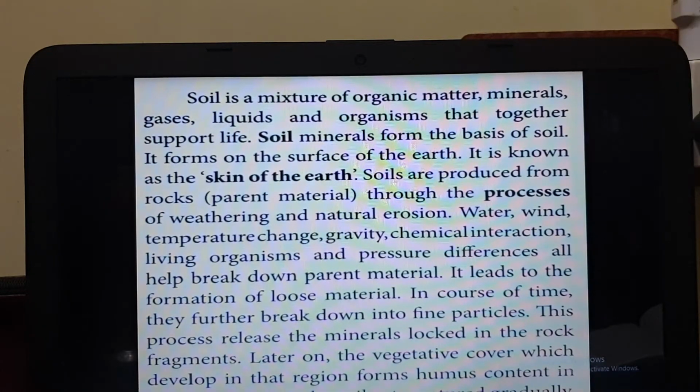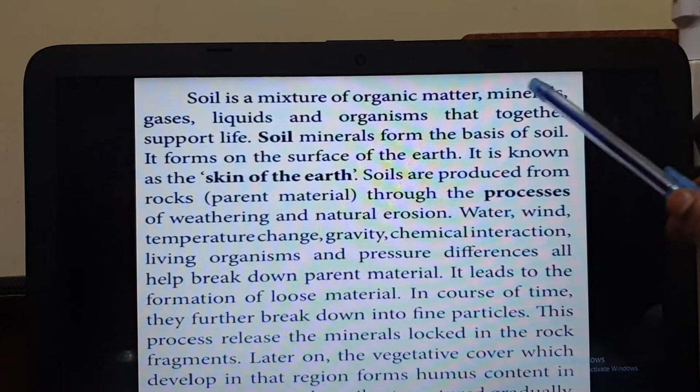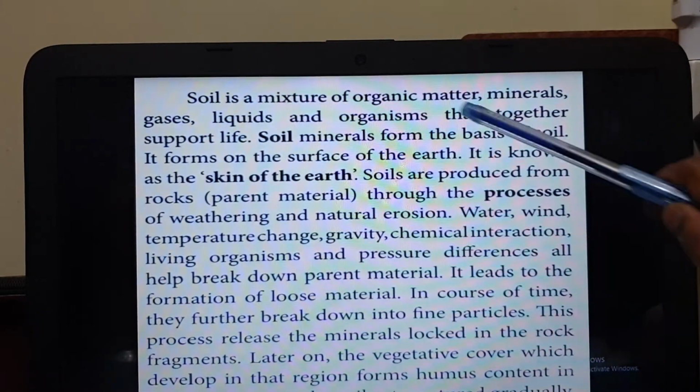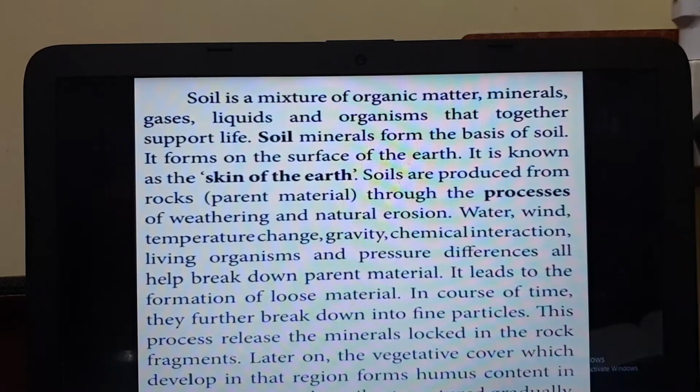Soil is a mixture of organic matter, minerals, gases, liquids and organisms that together support life. So soil is a mixture of what? Organic matter, minerals, gases, liquids and organisms that together support life. Life here is nothing but the plants and trees which grow from the soil.